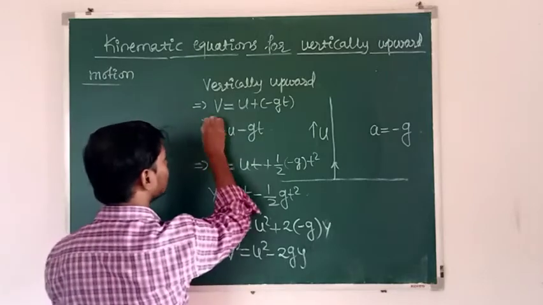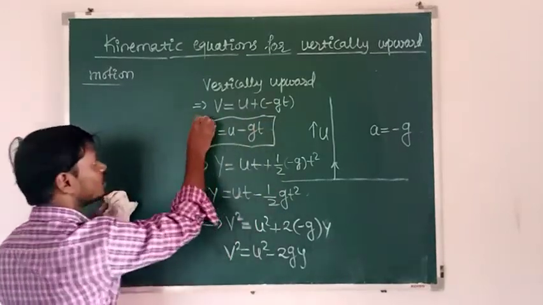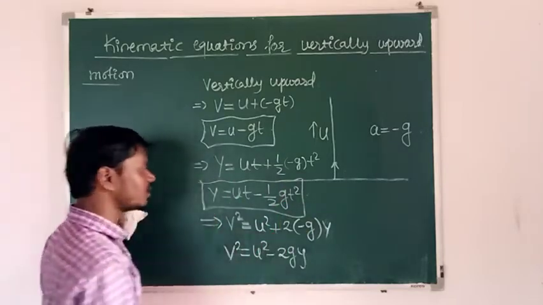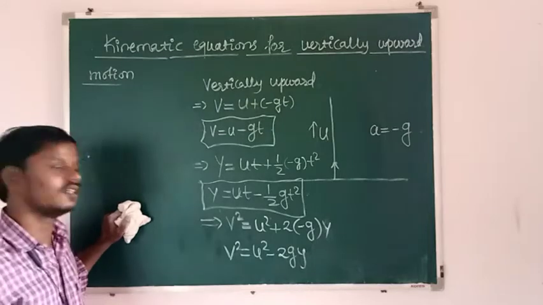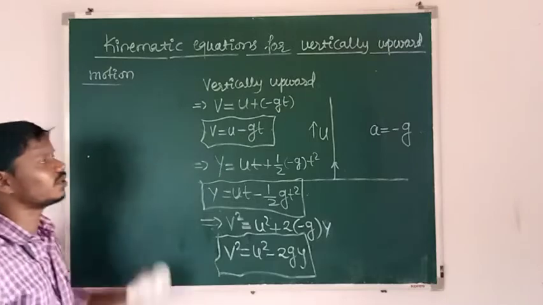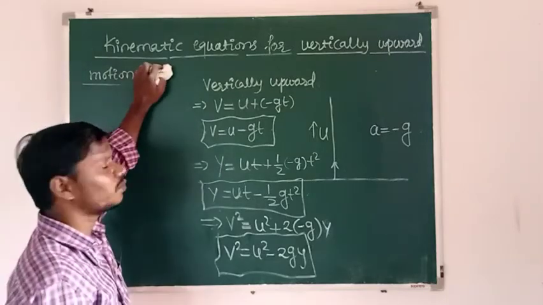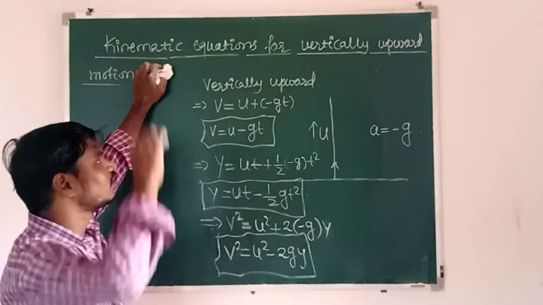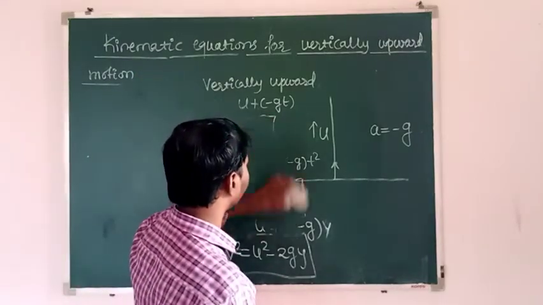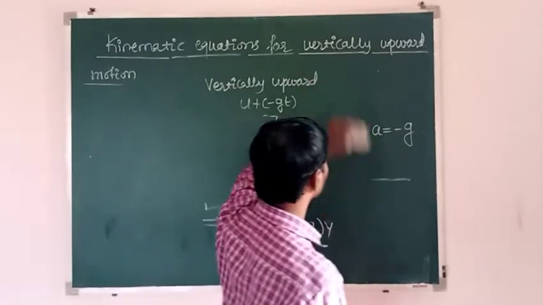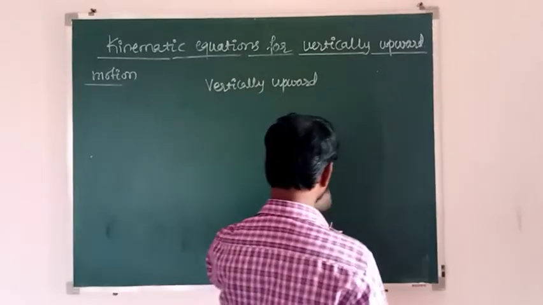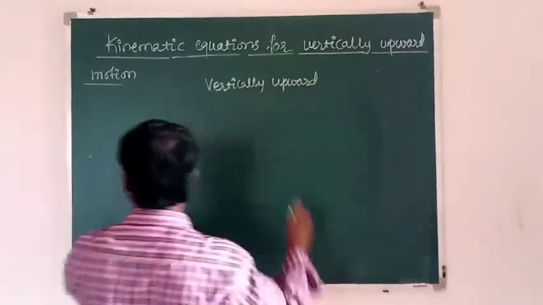So remember these equations. This is the first kinematic equation used in vertically upward motion, and this is the second one. This one is used to find the distance traveled by the body in vertically upward motion, and this is the third. Then what about the distance traveled by the body in the nth second in vertically upward motion?